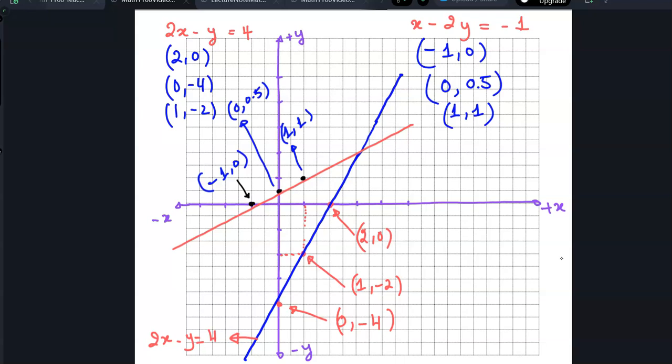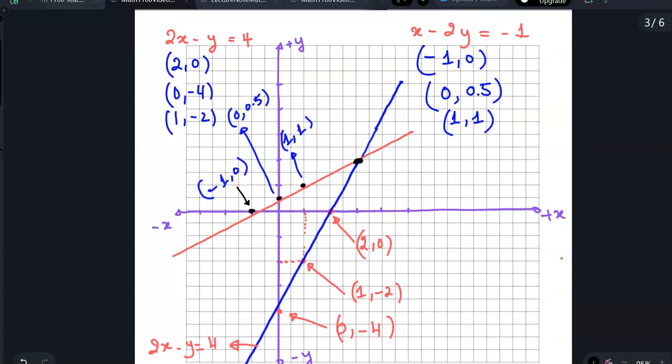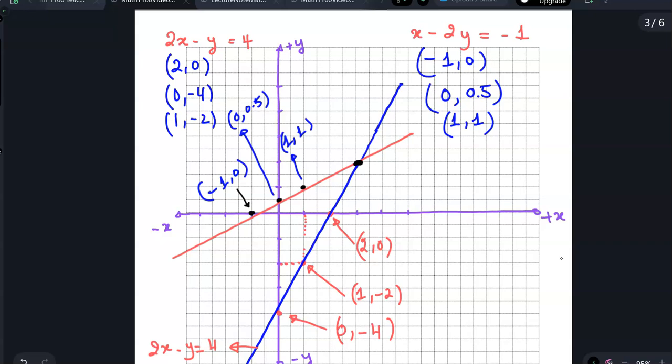Okay, so now I can tell you that the point of intersection is this point right here. If you project it down to this, x equal to 3, y is equal to 2.